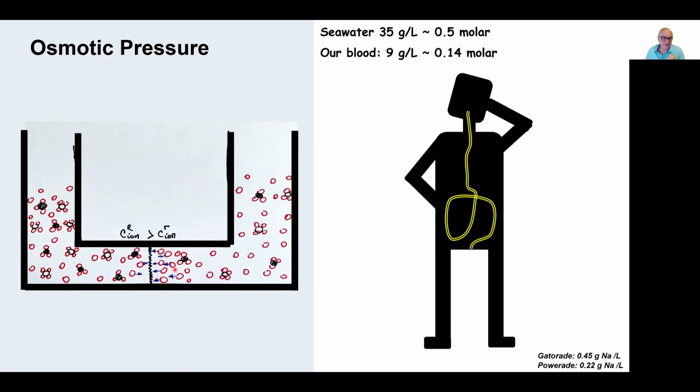So according to the sketch on the left, water will go from our body into the GI tract. So in fact, we are not going to hydrate, we're going to dehydrate. Water is going to be pulled out from our body into the digestive system. And now you can draw some conclusions as to why Gatorade and Powerade use the salt concentrations that they choose.